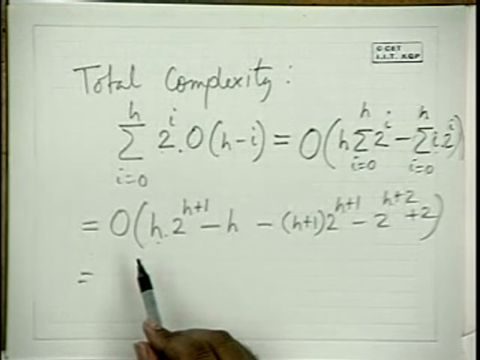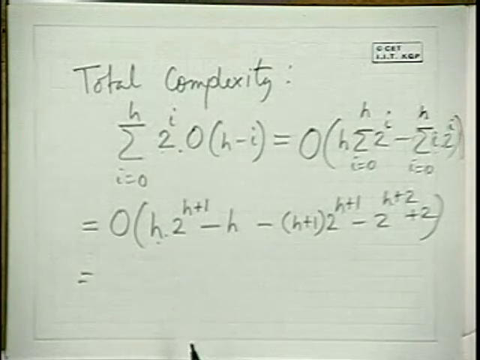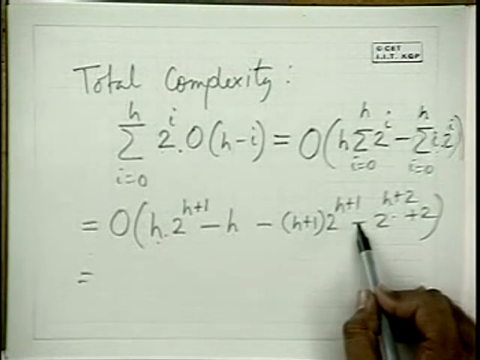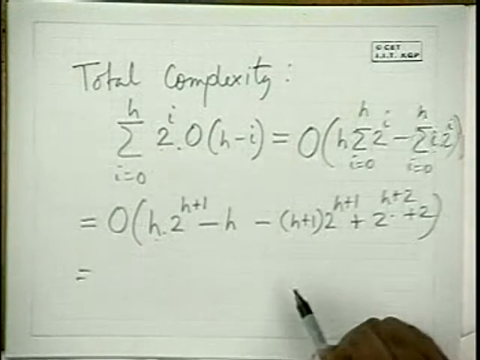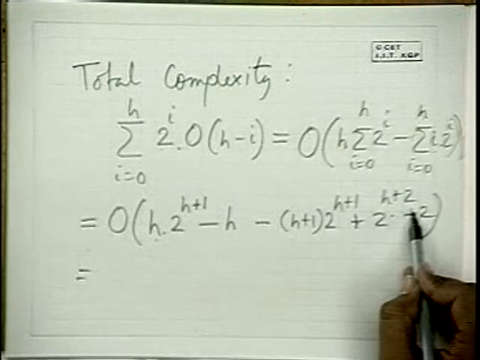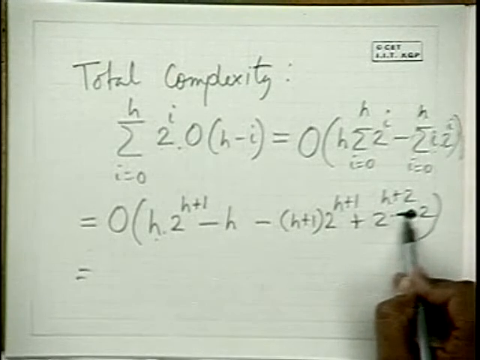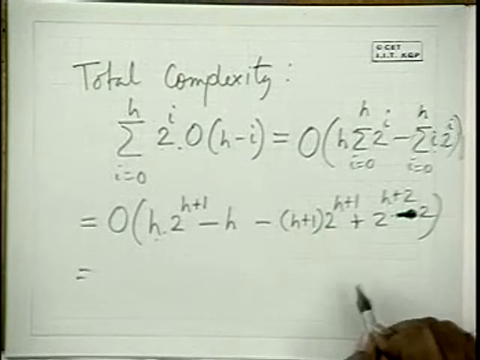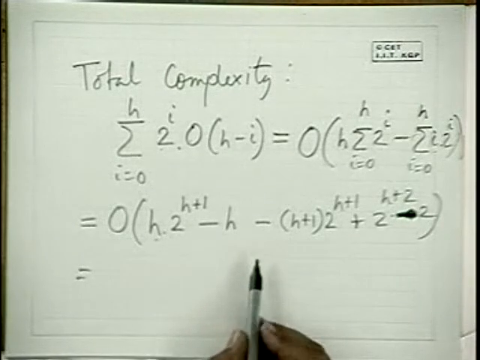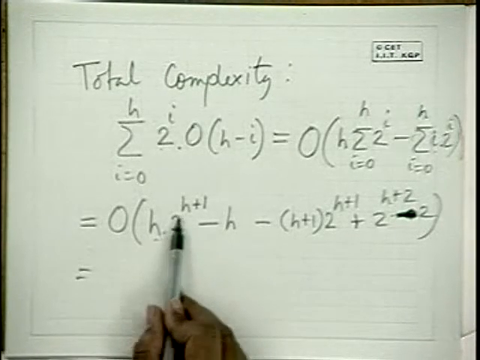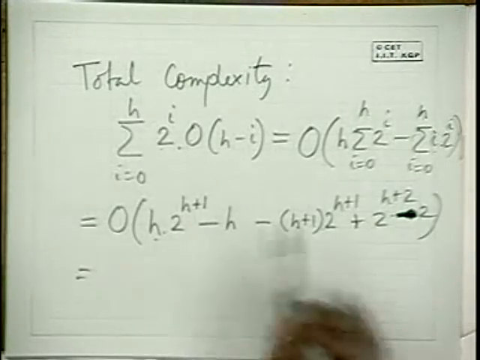Oh, this should be plus... yes, minus. This 2 should be minus. There may be a mistake, but that's fine. But look at this: h times 2 to the power h plus 1 and h times 2 to the power h, they cancel out.